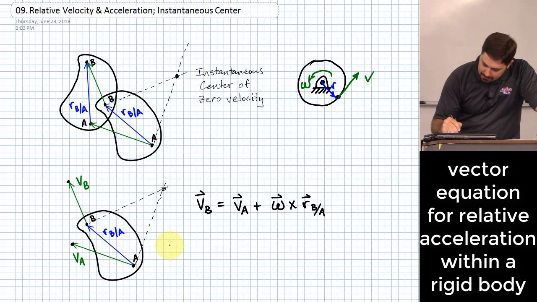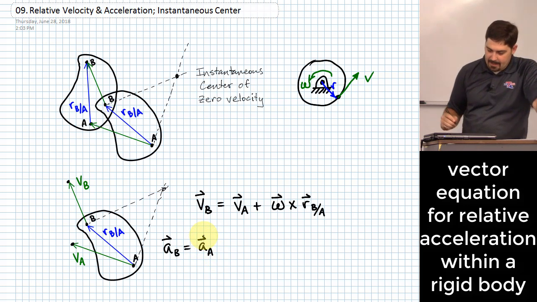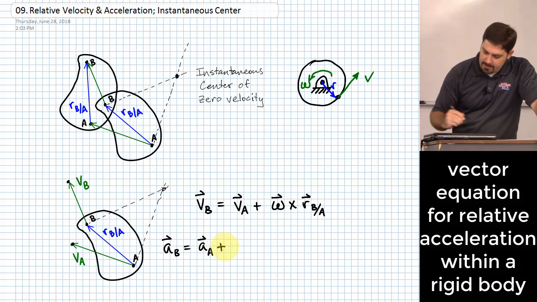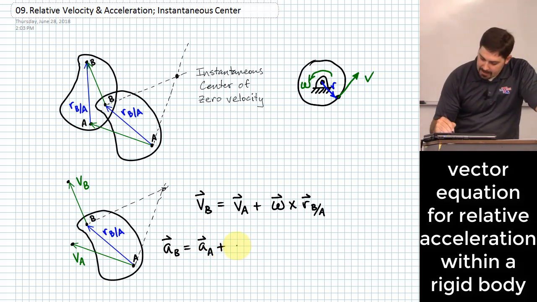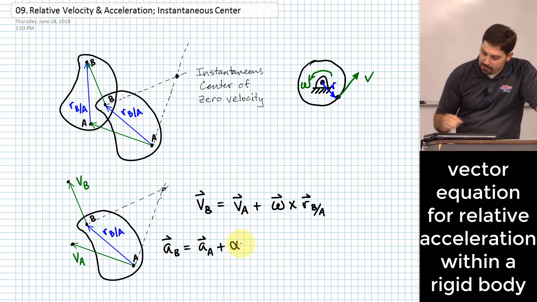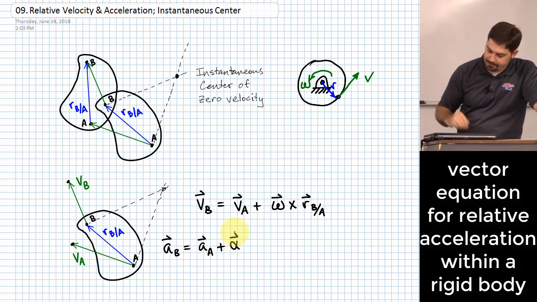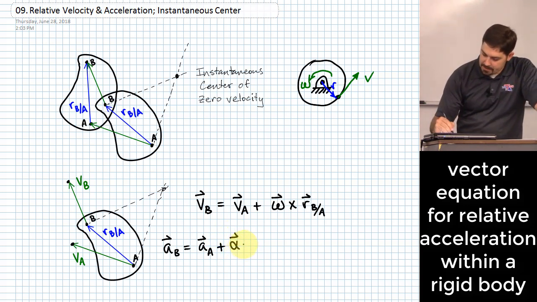So let's say we're trying to figure out what the acceleration vector is of point B. We start by identifying what the acceleration vector is of point A, and then we add a term that is the angular acceleration vector crossed into the position vector of B with respect to A.